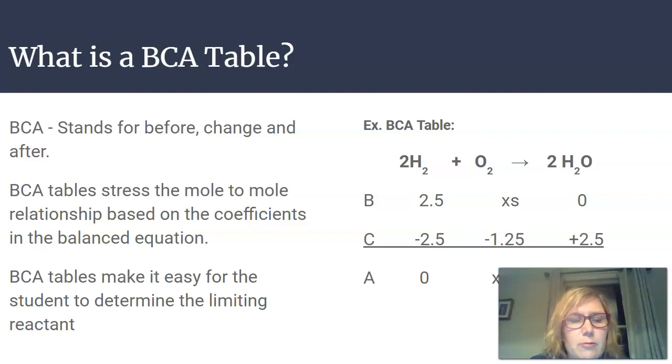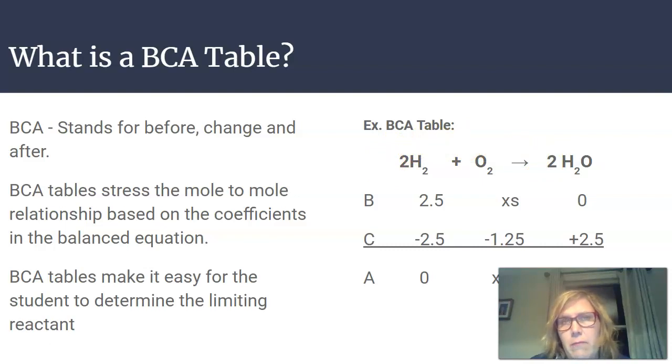BCA tables stress the mole-to-mole relationship based on the coefficients in the balanced equation. So for example, it takes 2 moles of hydrogen to react with 1 mole of oxygen, and that will give you 2 moles of water. You can also look at it this way: it takes 2 moles of hydrogen to make 2 moles of water, which is basically a 1-to-1 relationship. This balanced equation is what we would call your recipe.